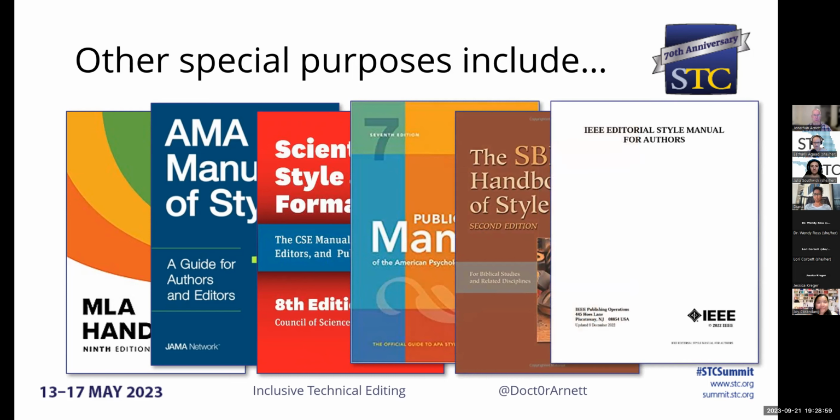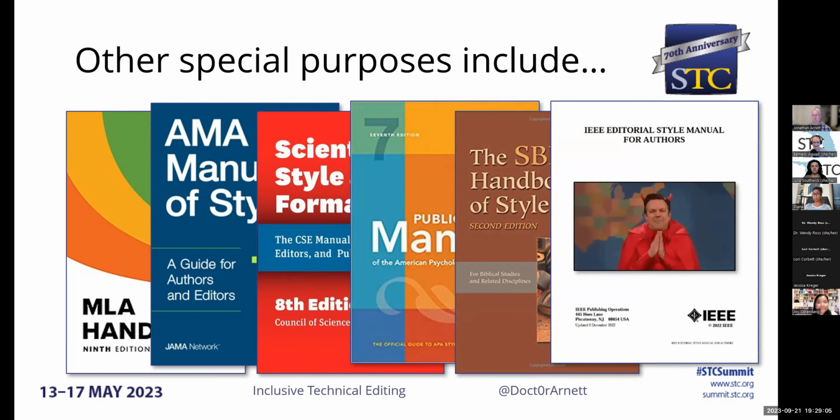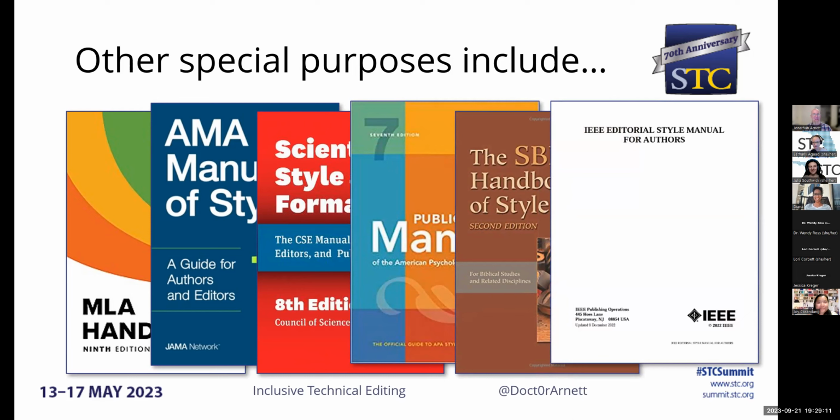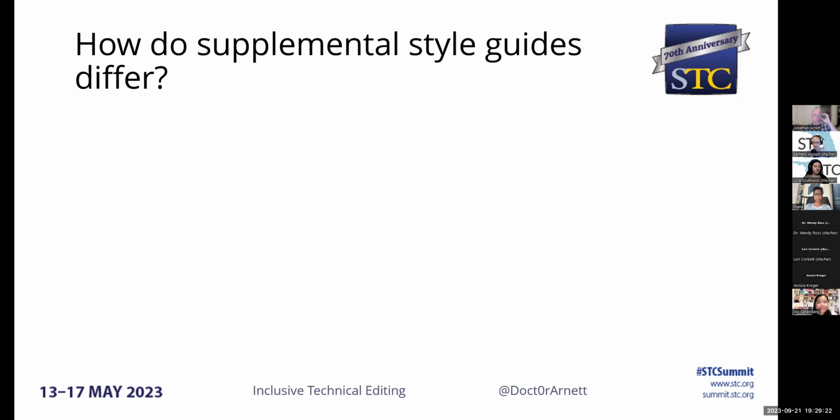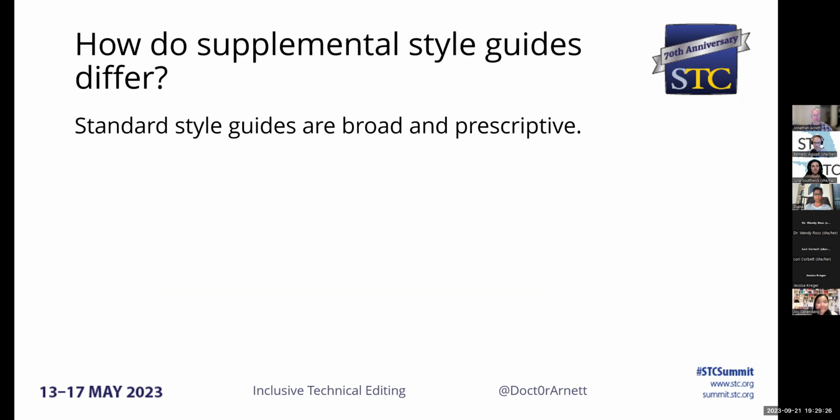And just as a side note, I would suggest that not all of these are of equal quality. Let's say because IEEE was created by the devil, I am absolutely certain. But the point being, you've got all these different style guides, and they're going to guide you toward the things that these particular organizations want and value. So how do supplemental style guides, how do they differ?